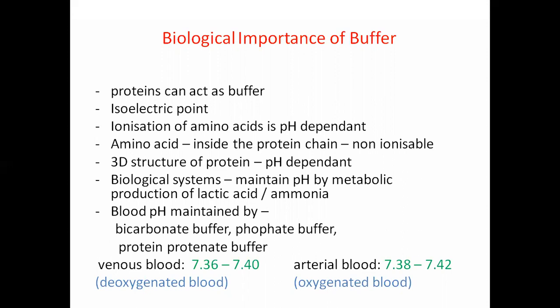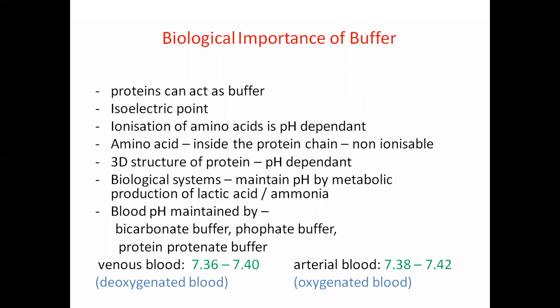So a protein at one end will have a carboxylic group. At the other end, it will have an amino group. In between, it will have a number of peptide bonds. So as a whole unit, protein can act as a buffer.